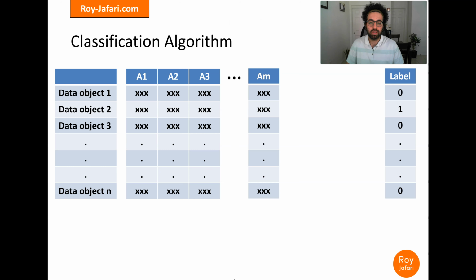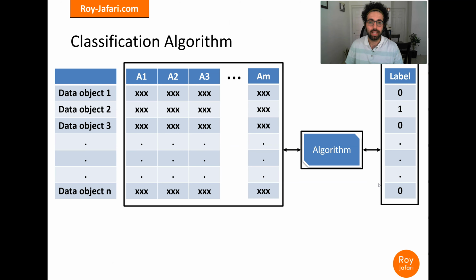The goal of a classification algorithm is to find a relationship between the independent variables and the dependent variable, so find a relationship between the predictors and the target. Basically, a classification algorithm sees if there is any pattern among the independent variables that has the capability to predict the label of the data object.